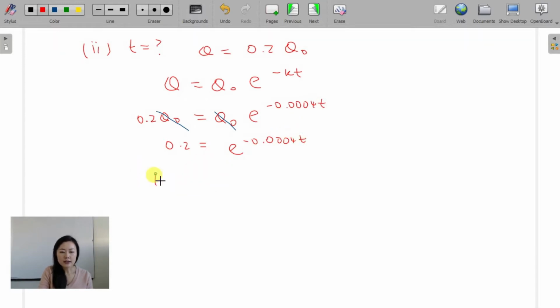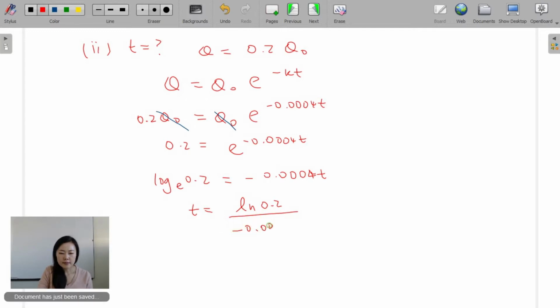Then log it, and divide that number across. Put that into your calculator and you should get about 3924 years.